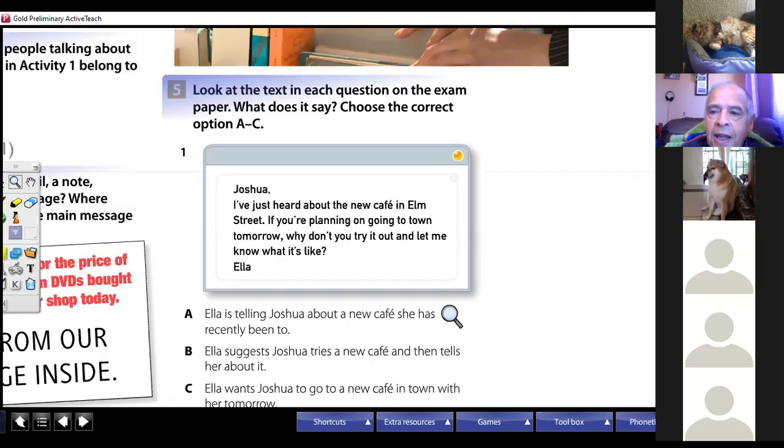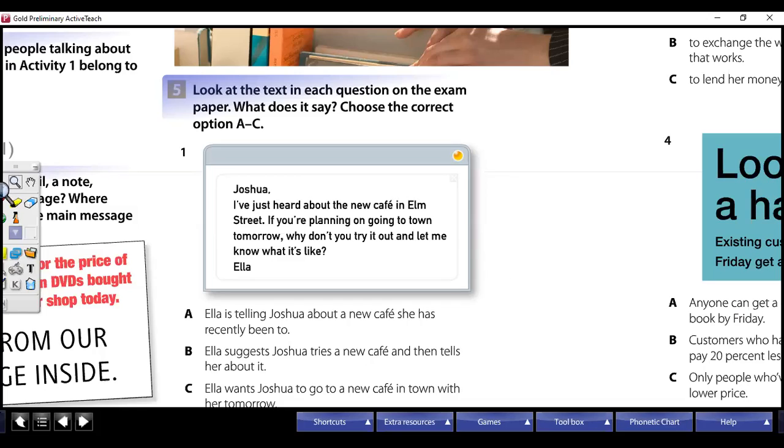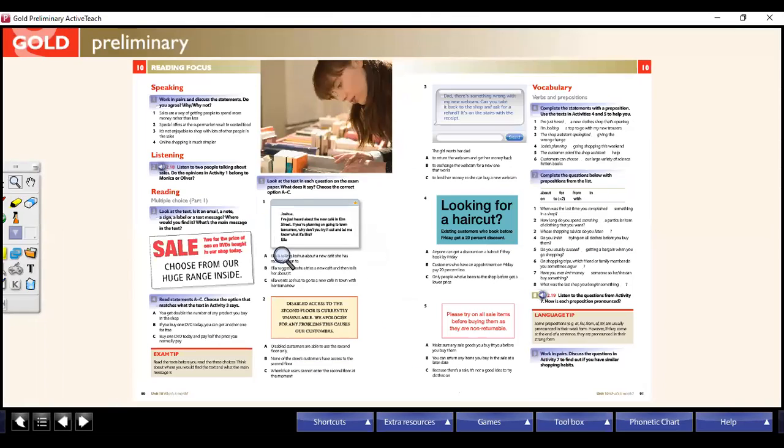All right. Okay, to finish the class today, I'm going to give you a homework with this. The homework is to read the other things that are in here. Could be messages, could be notes, could be signs, etc. You have this one: Disabled access to the second floor is currently unavailable.